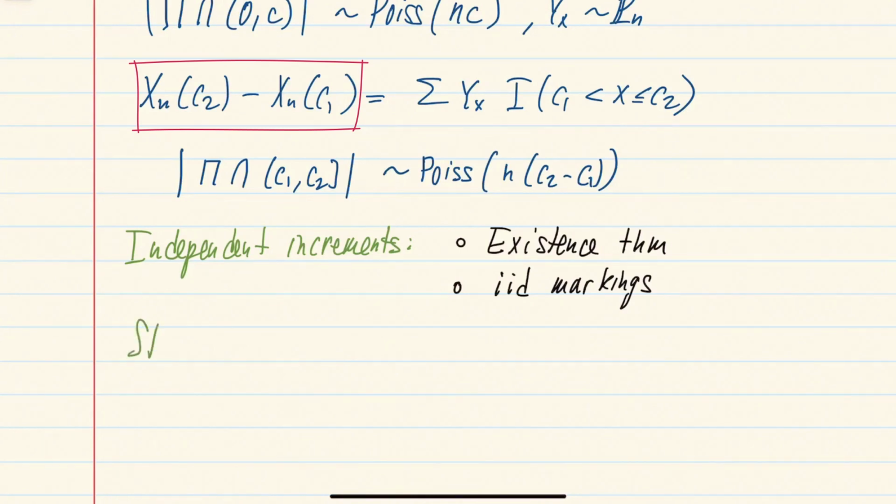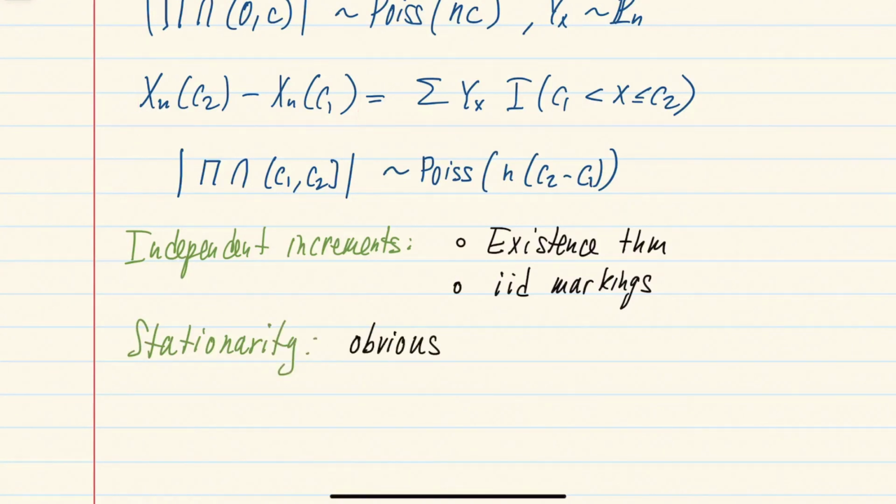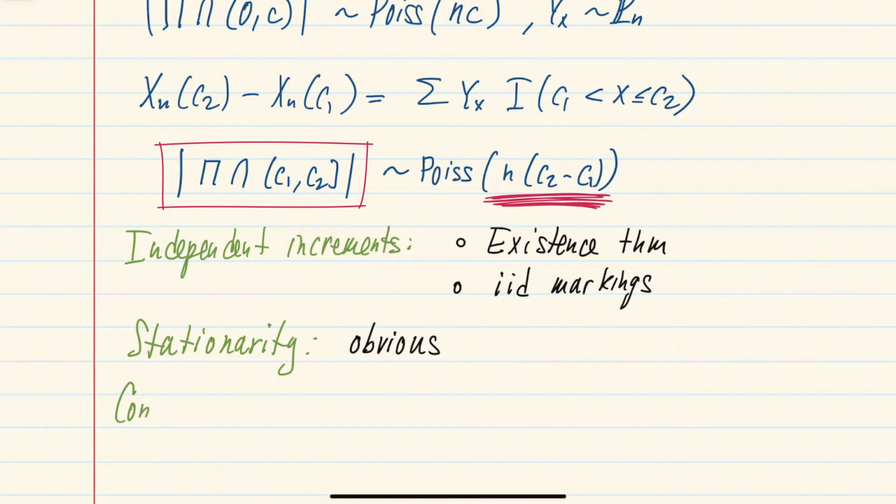Now, the stationarity property is obvious here because these cardinalities above are given by these Poisson distributions with the mean that depends only on the length of the interval, right, and doesn't depend on the location of the interval. And then finally, continuity in probability. This just follows from the form of our characteristic function above.